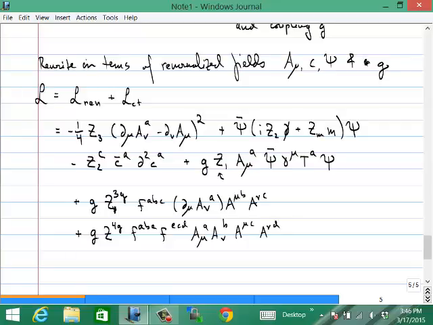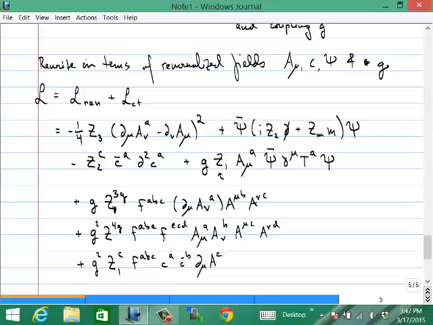And then there was a fourth place that the gauge coupling appeared, with a g squared. We could call it Z1C because it reflects the gauge coupling between the gauge field and the ghost fields, so f^{ABC} c^A c̄^B ∂_μ A^C.